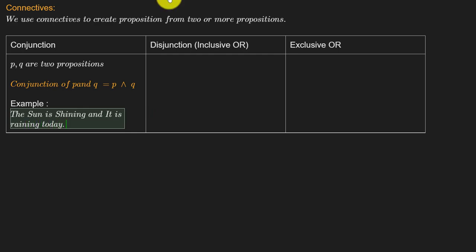If we analyze this particular sentence, there are two propositions, right? One is this portion, the sun is shining, and another is it is raining today.